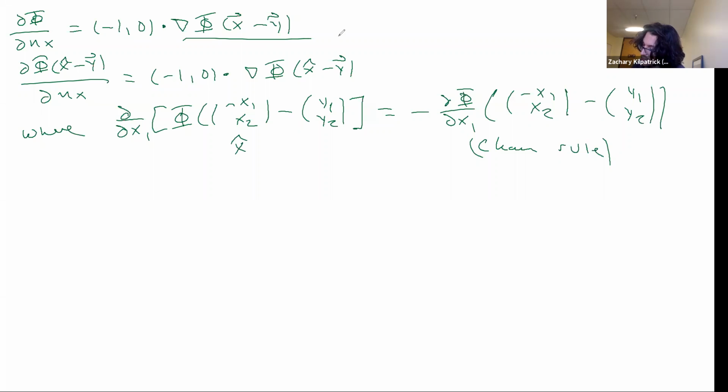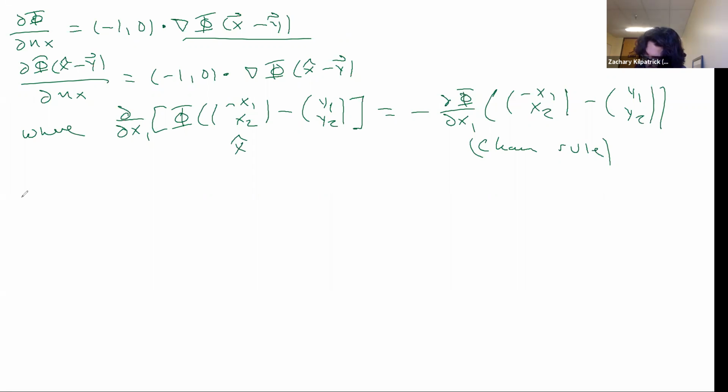And this gradient will be straightforward. It'll just be d phi dx1, right, without the minus sign out front. So the minus sign essentially pops out from the reflection, the image point essentially that we've taken, okay?